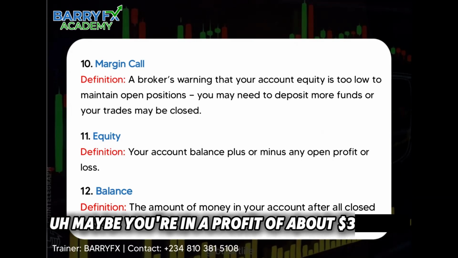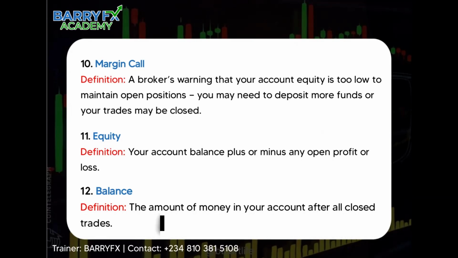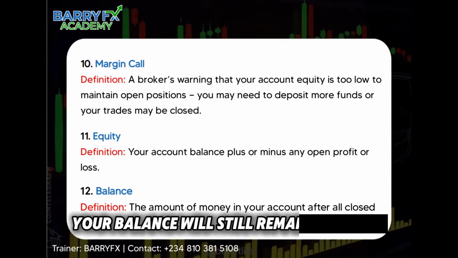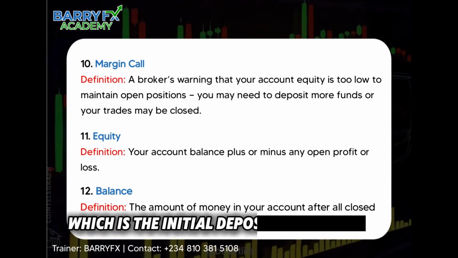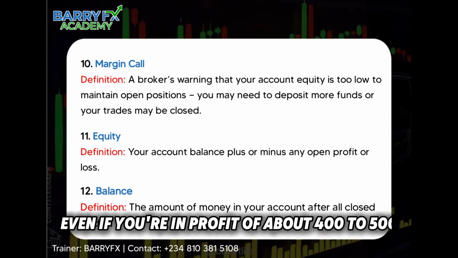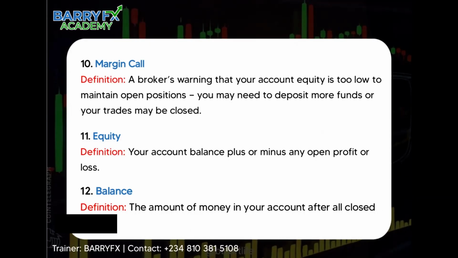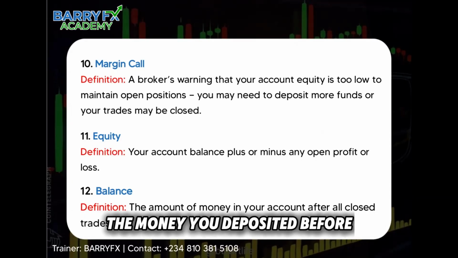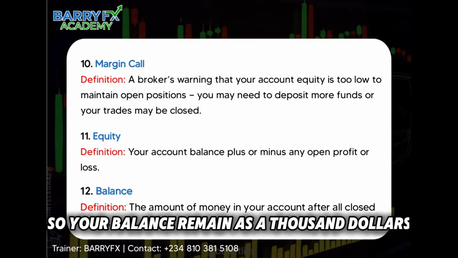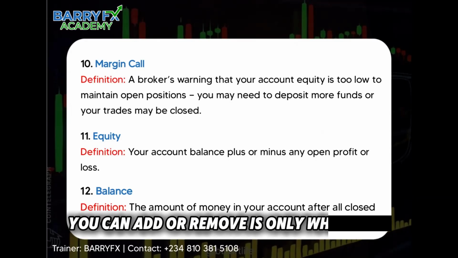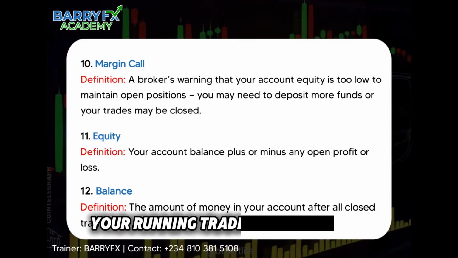Maybe you're in profit of about $300, and on some other trade you are losing $50 or $100. Your balance still remains $1,000, which is the initial deposit you made before opening those trades, even if you're in profit of $400 to $500. The only time it changes is when your running trade has been closed.